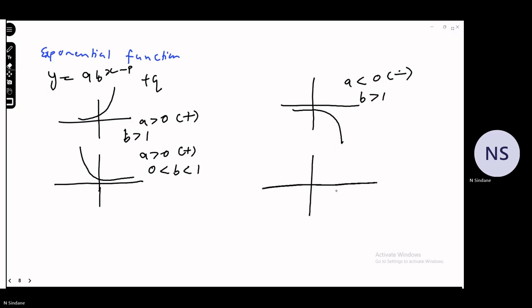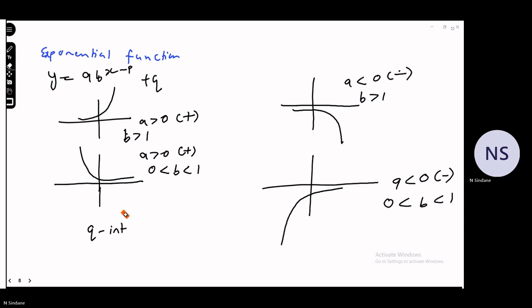And then lastly, you have your graph that looks like this. This is when the value of a is less than 0, meaning it's negative, and the value of b is in between 0 and 1. That is how your graph will look, right? Now if this is your equation, the value of q is your intercept.